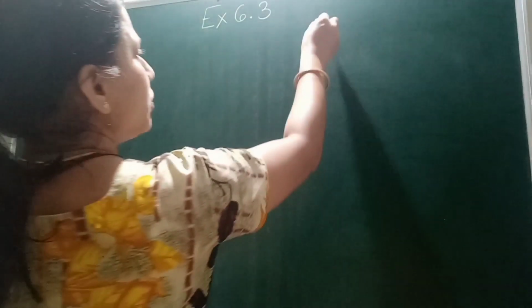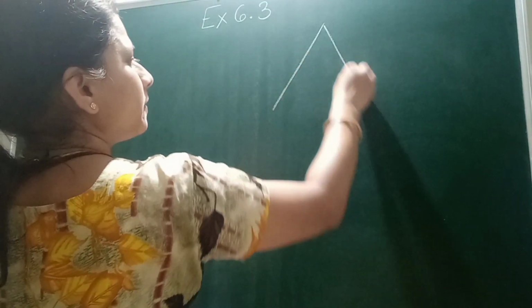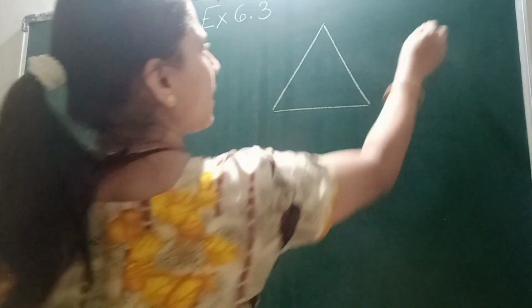Student, first we will make two similar triangles, triangle ABC and triangle FEG, because the corresponding parts of ABC are in FEG.